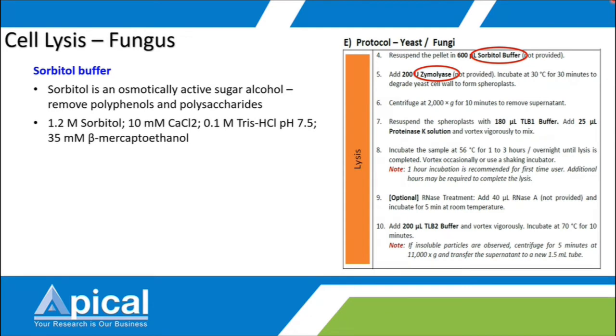As I mentioned just now, there are many different glucans in fungus, and most of them carry this beta-1,3 glucan. So this enzyme will help you get a better yield for your fungus extraction.